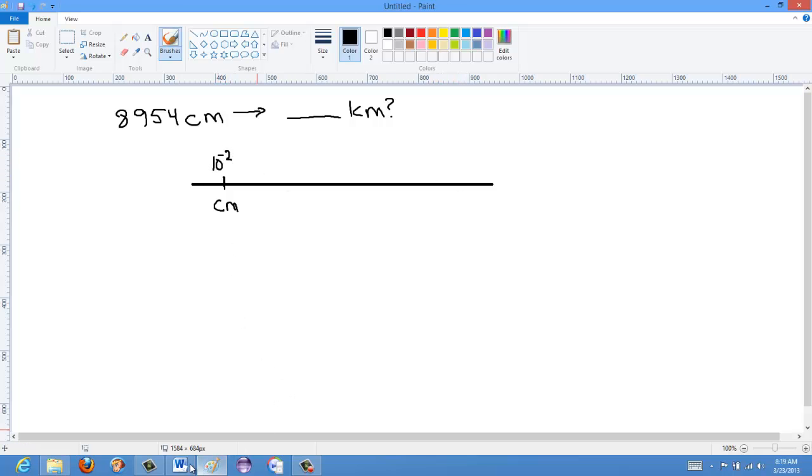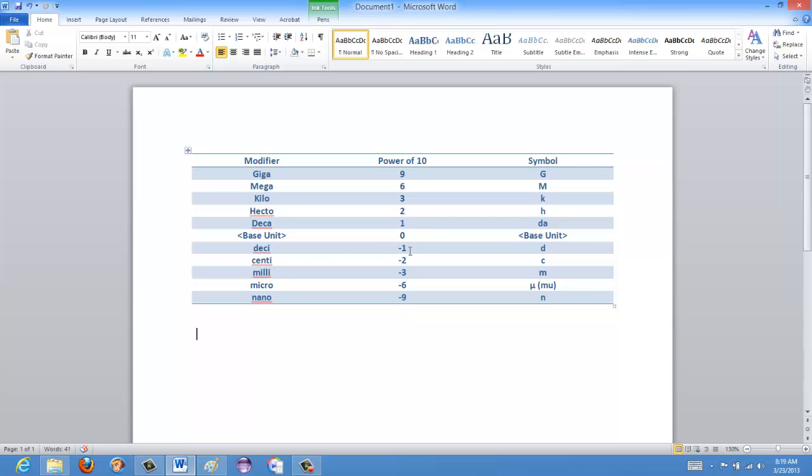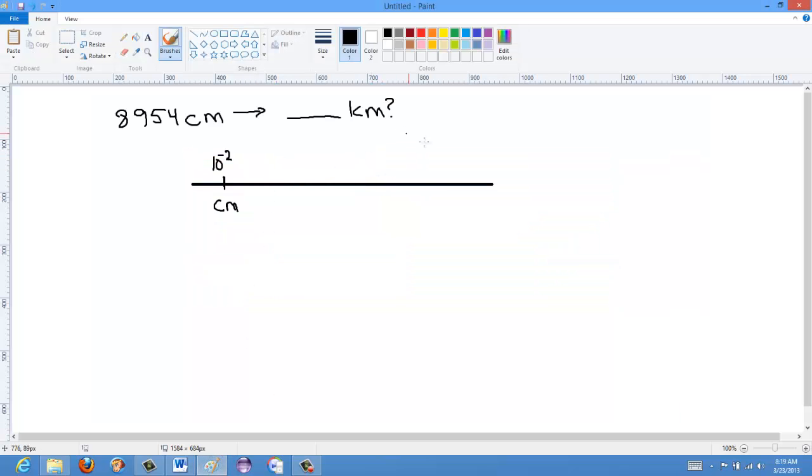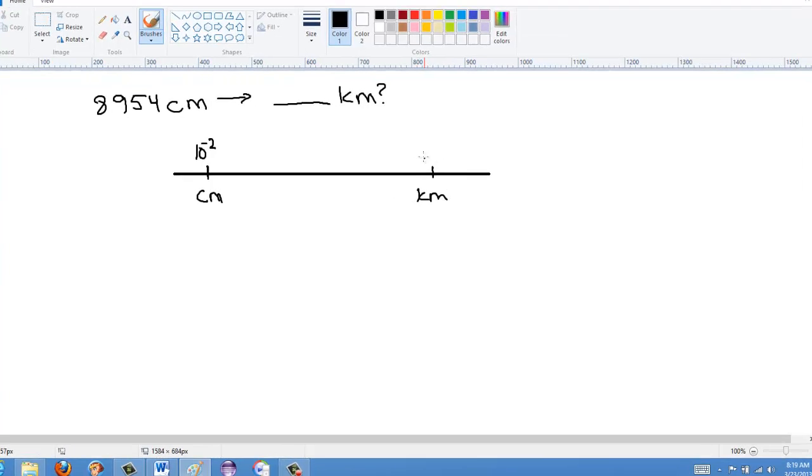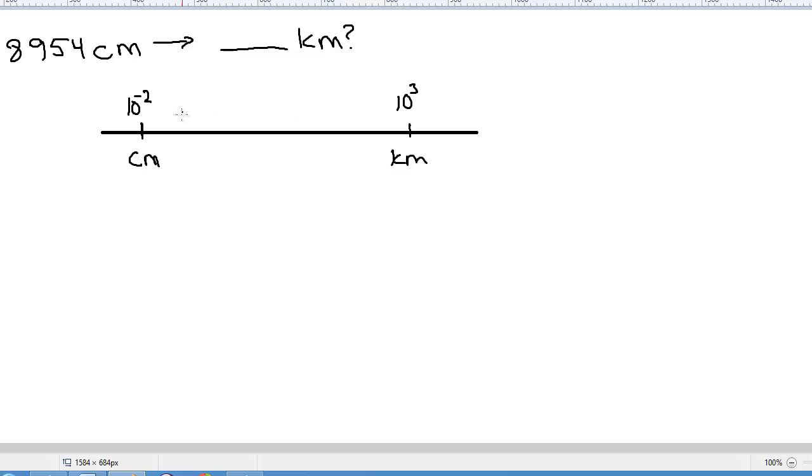If I go back to here, centi is 10 to the negative 2, and I'm going to kilometers, so that's 10 to the 3. So I go to kilometers over here, which is 10 to the 3. Well, how many magnitudes of 10 are there between there? From negative 2 to positive 3, there is 10 to the 5.